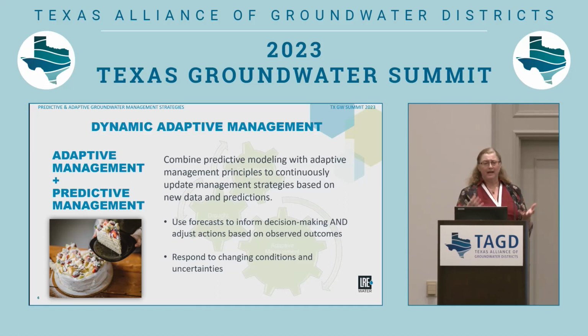Because you can use forecasts and models to inform decision making. And we've been doing that for a long time, but then you can also set up frameworks that allow you to adjust actions and be proactively responsive to what data is being collected and say, ooh, the model said this, but what we're seeing is actually this, and so let's adjust.